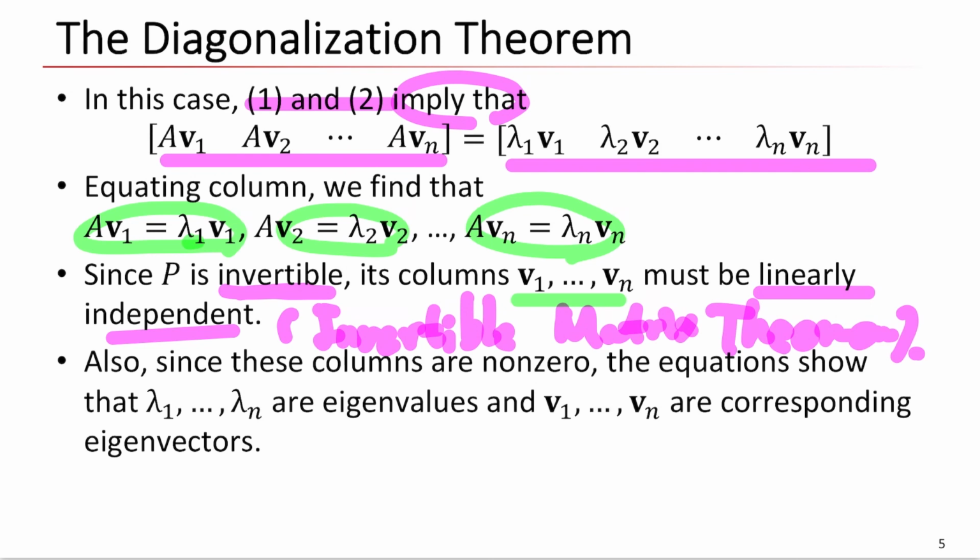Also, the columns are non-zero. Why? Because this is an eigenvalue, eigenvector equation. The equations show that lambda 1 through lambda n are eigenvalues, and v1 through vn are the corresponding eigenvectors, right?